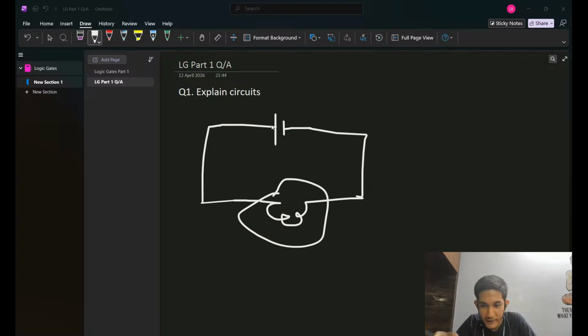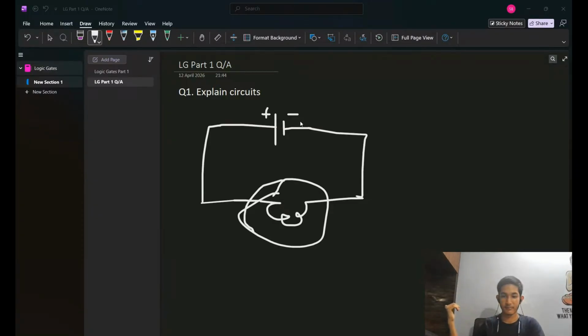Now, the flow of current, this is a pretty interesting one. I'll go a bit into a history background. Benjamin Franklin is an American who had one of the first ideas for electricity. He thought it was a liquid, okay? And before, positive was considered good, negative was considered bad. Right was better than left.